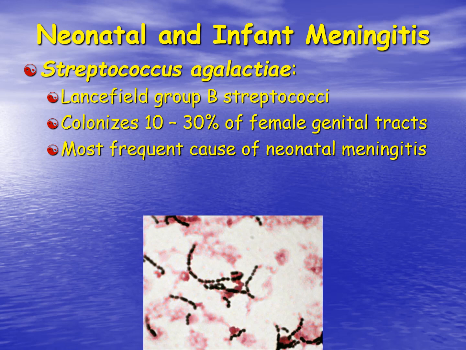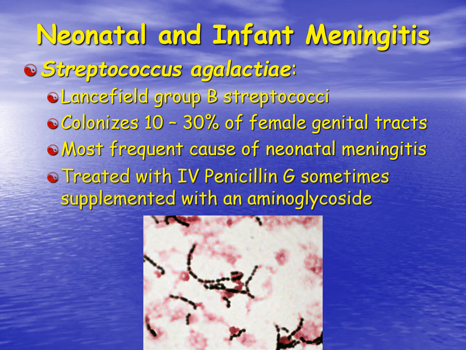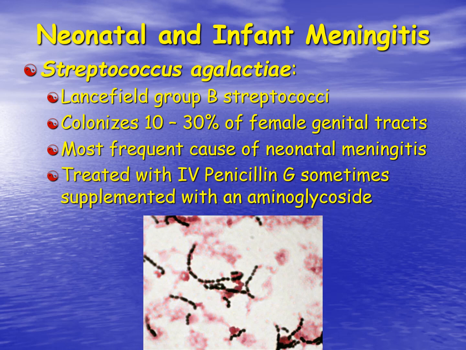So it's often actually transmitted as the baby passes through the vaginal canal. And so it's one of the more frequent causes of neonatal meningitis. Typically, we can treat this with penicillin G, sometimes supplemented with an aminoglycoside to actually kill the Streptococcus agalactiae and treat the meningitis.